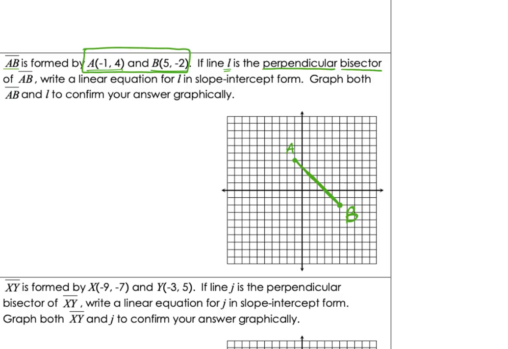Talk me through something else you know and what we could maybe do with it. Of A and B? Okay, so you could call this X1 and Y1, X2 and Y2, or vice versa. What else? Ryan? Could you find out the slope of AB? I think that would be a great idea. Why would it be helpful to find the slope of AB?